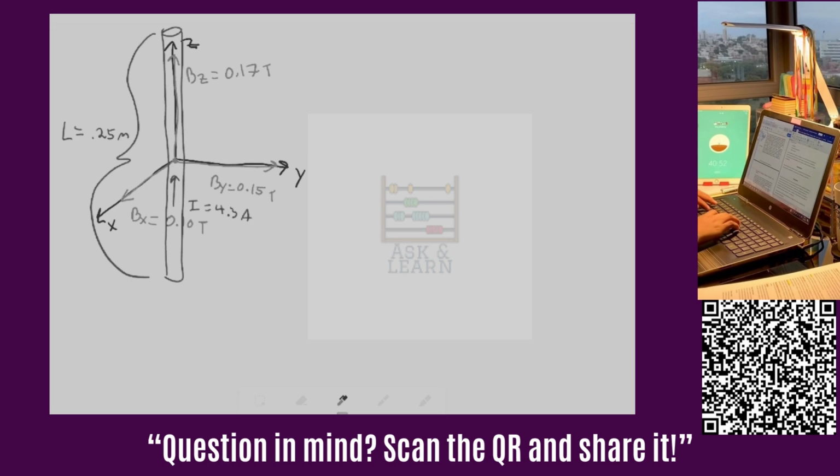The only parts of the magnetic field that are going to cause any magnetic force on this wire are the parts that are perpendicular to the direction of the current in that wire. And so we see then that the only components of our magnetic field that are perpendicular to our current are the Bx and By components. They contribute to F mag, the magnetic force that's acting on this wire.